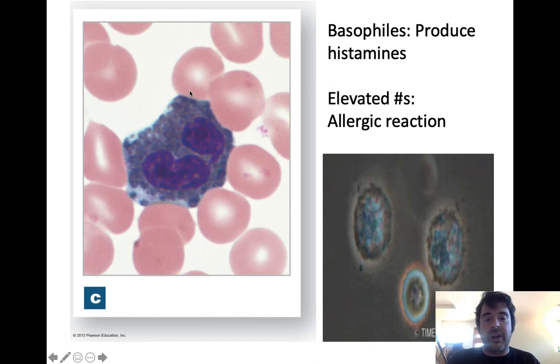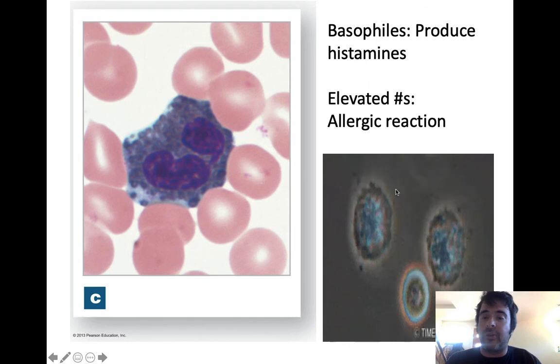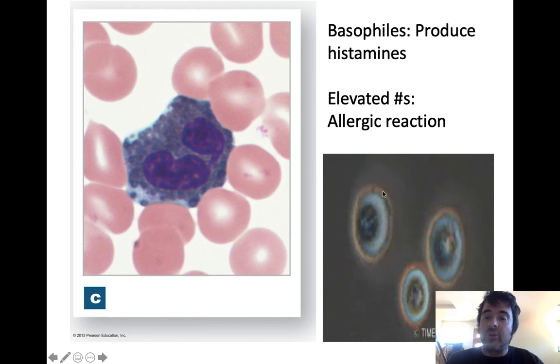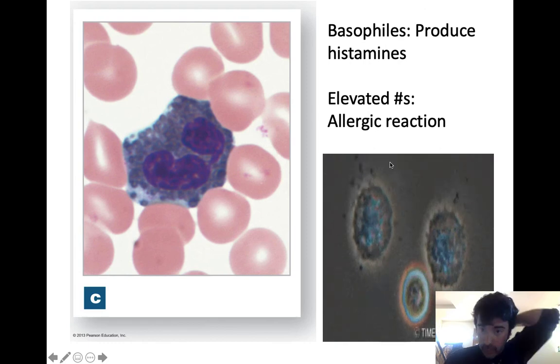So one of the things I always find so interesting is when you get a blood test to see if you're sensitive to, like, let's say, a food, right? And they're doing a blood allergen test. What they'll do is they will isolate your basophils in a solution, right? The lab technician in this lab experiment, and they will introduce the thing they think you're allergic to. Like, let's say you say I'm allergic to cedar pollen. They'll put cedar pollen in the solution.